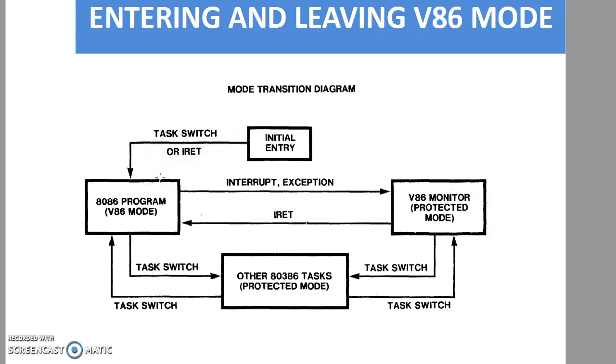If it wants to switch from virtual 86 back to protected mode, the VM bit will have to be made 0, and upon an interrupt or exception, it can switch to the virtual 86 monitor, which is in protected mode. So whenever there is an interrupt or exception, it is handled by the virtual 86 monitor, which executes in protected mode.